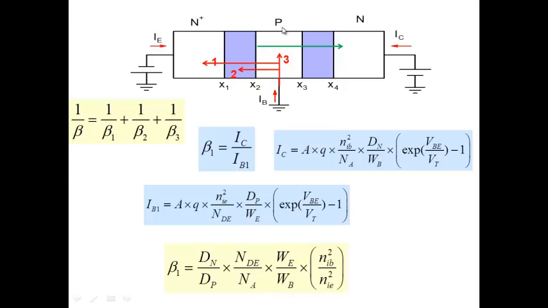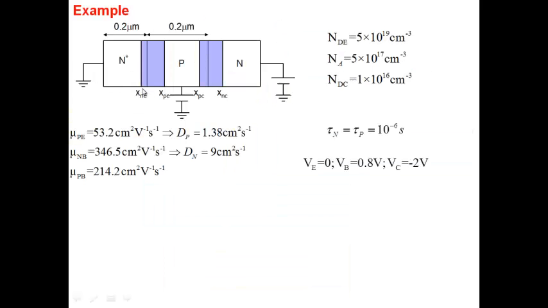To find that out, we need to find how large these depletion regions are, because what we have is the total thickness here, 0.2. To find the neutral region WB, we have to find the depletion width here and here. We have expressions for depletion width.